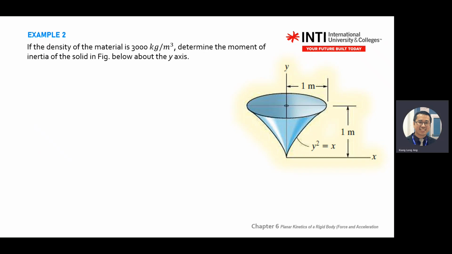I think this question came out in your Math 2 or Math 3 final exam, with integration. Just now I asked you to recall, right? Triple integration.